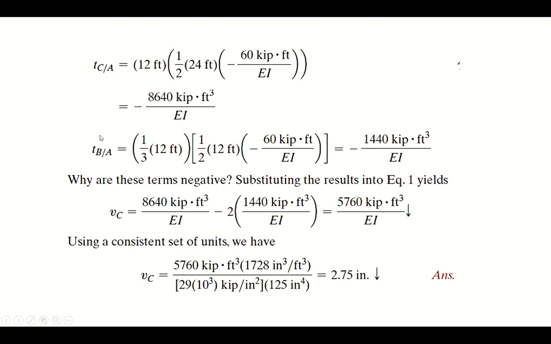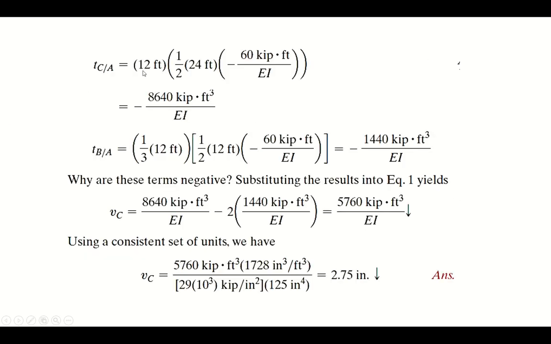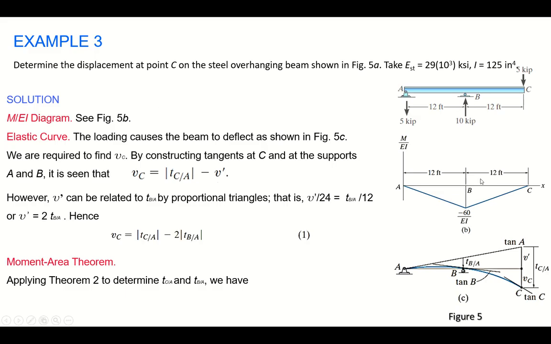So Tc by A is the moment about point C of this whole diagram, right? So it will be equal to 12, which is the base of both the triangles, of this triangle as well as this triangle.